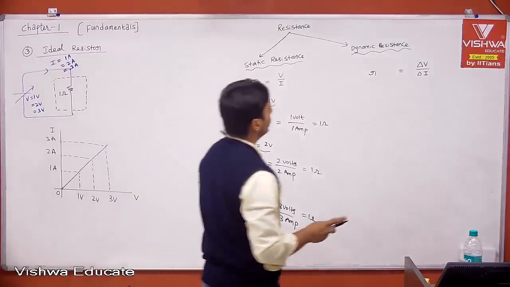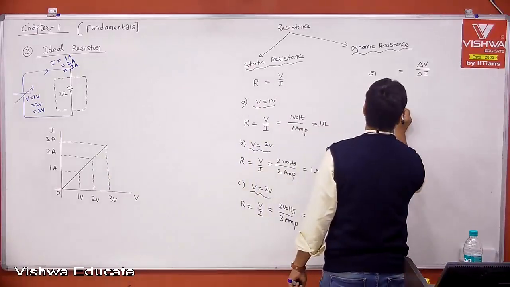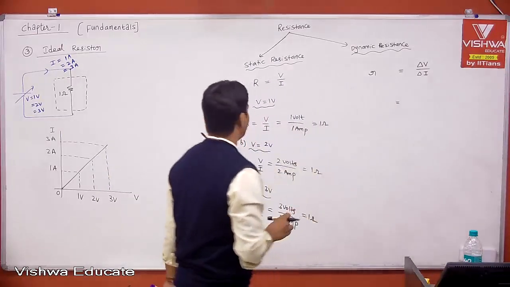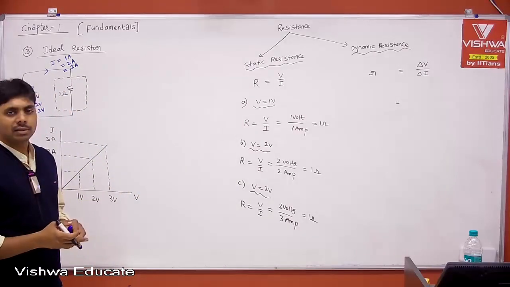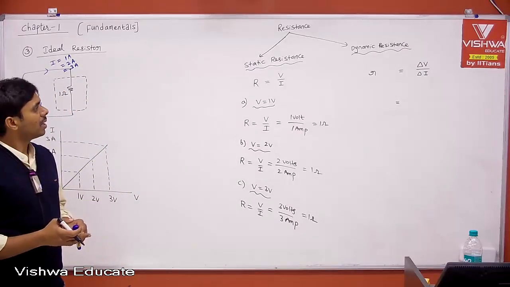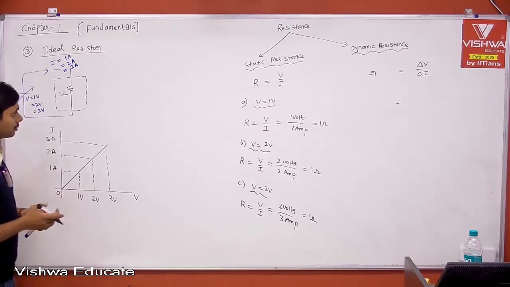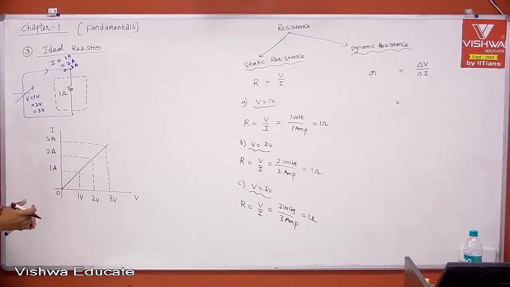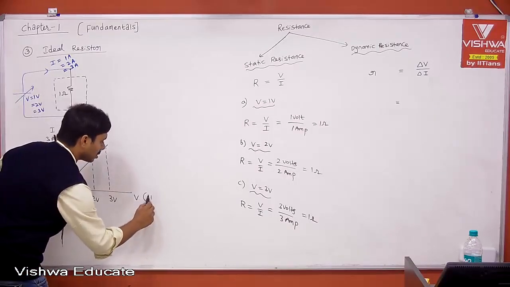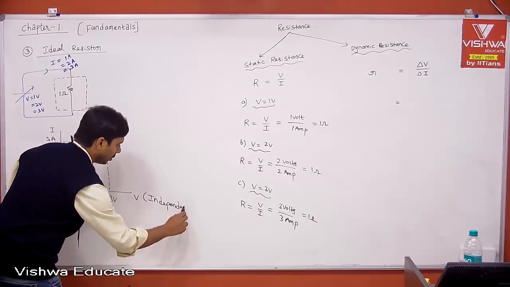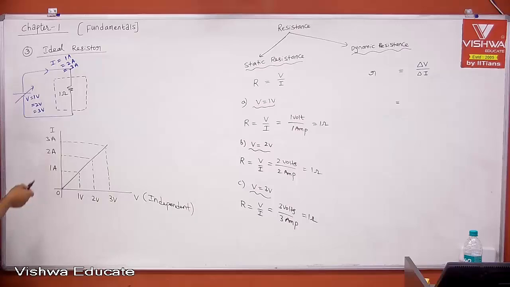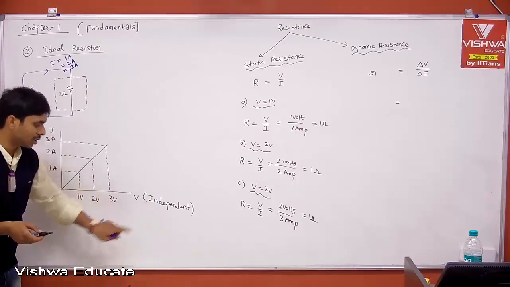Okay, now, from this definition, tell me, quantitatively, delta V by delta I, right? But if you see here, we are seeing what is dependent. This is nothing but independent. X-axis is always independent, remember. If the x-axis is independent and this is dependent, it means I want to know the change in current because of change in voltage.